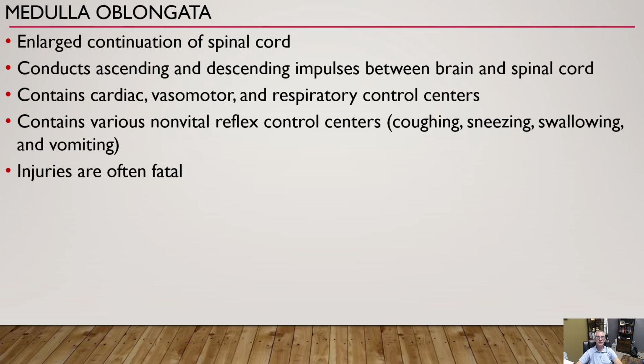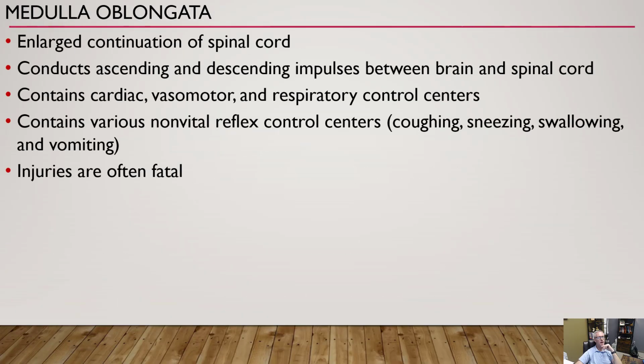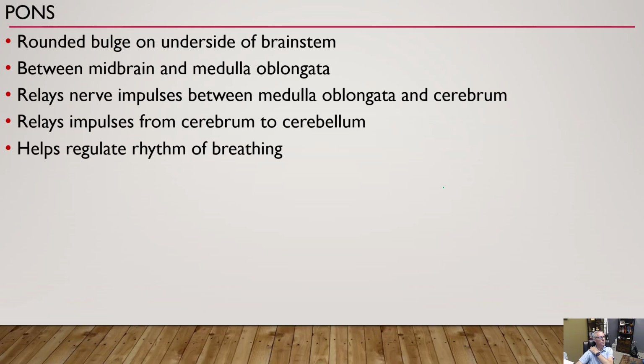All right, pons. Your pons is basically this bulge on the underside of your brainstem. Here's your pons. Basically, it's a relay system between the midbrain and the medulla oblongata.